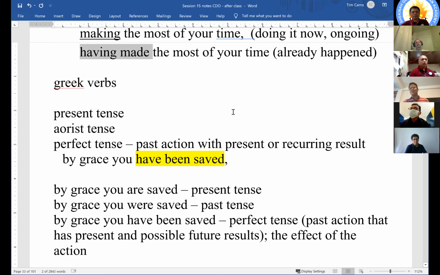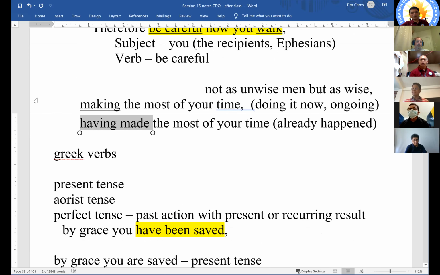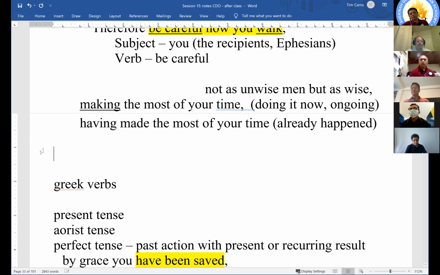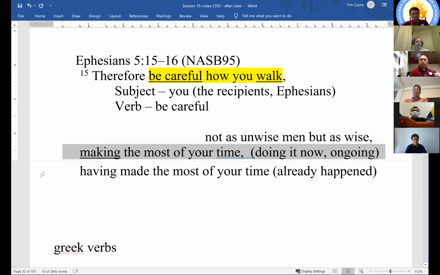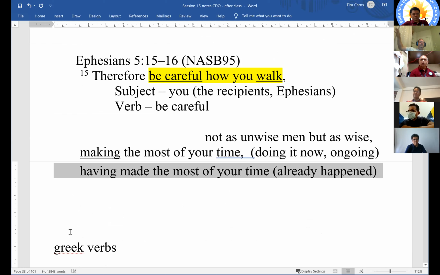Continuing Anselmo's question, in both of these cases, you have a participle that's ongoing now, that's this one, or if he had written it this way, it'd be a participle that had taken place in the past. Now, what's important here is to recognize that in both of these cases, each would be modifying the main verb here. Okay?